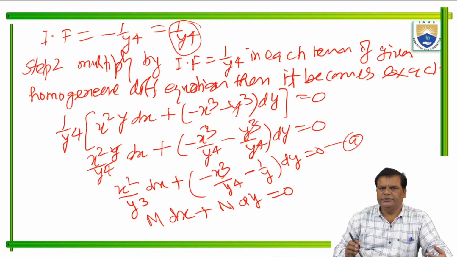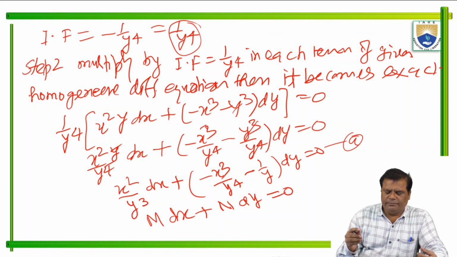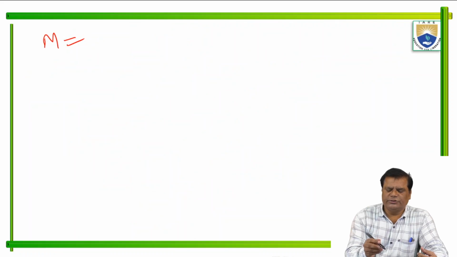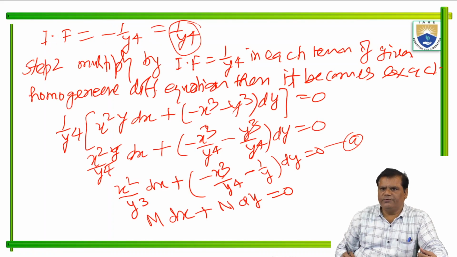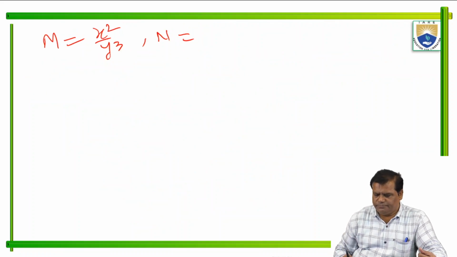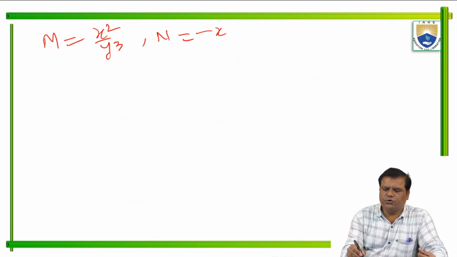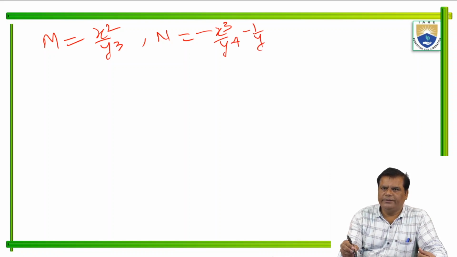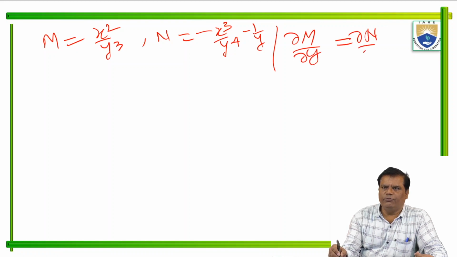M equal to x square upon y cube, and n equal to minus x cube upon y4 minus 1 upon y. So now this property should be verified: del m over del y is equal to del n over del x.